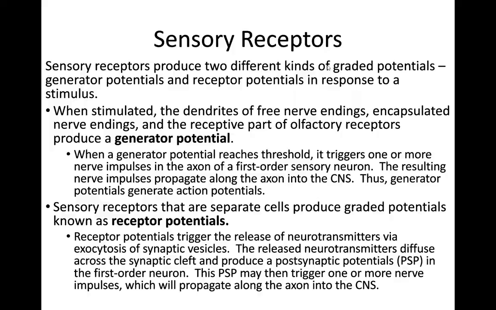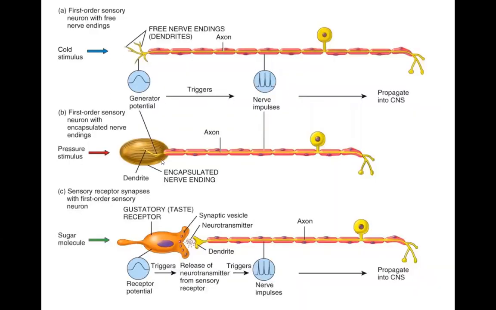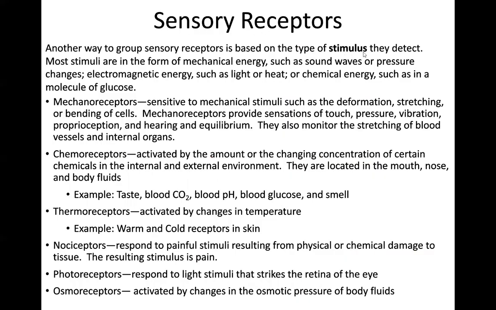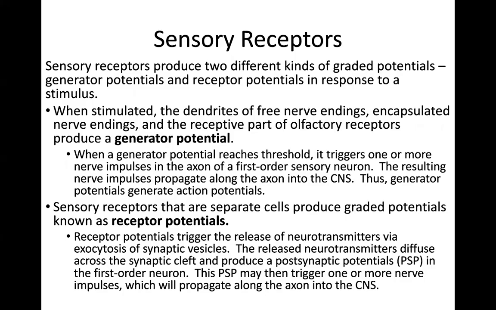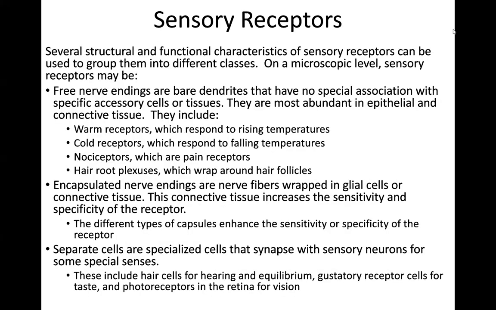Okay, here's what those three look like if you look at them under a microscope. Then we can look at them based on what they detect as far as the stimulus goes, and then basically where they're located in the body with regards to the stimulus that's activating them. We'll get into that here in a little bit. But first, let's talk about how we classify them microscopically.